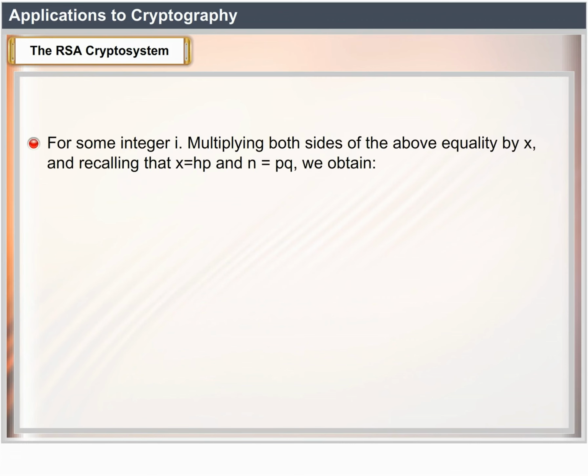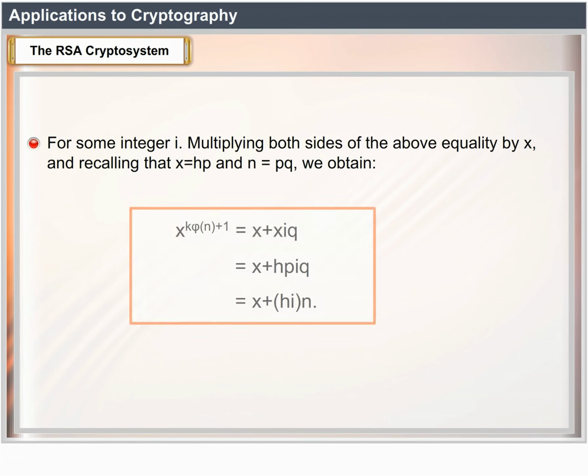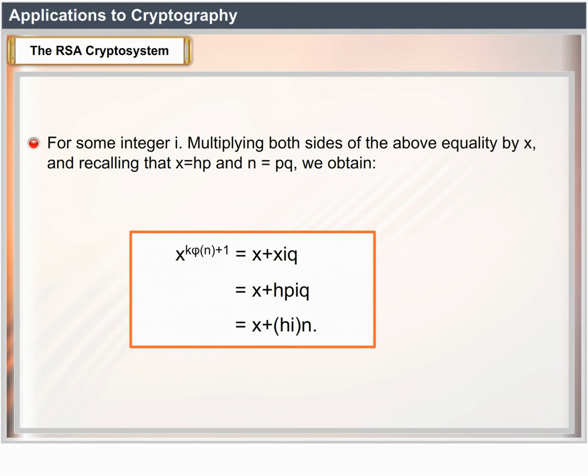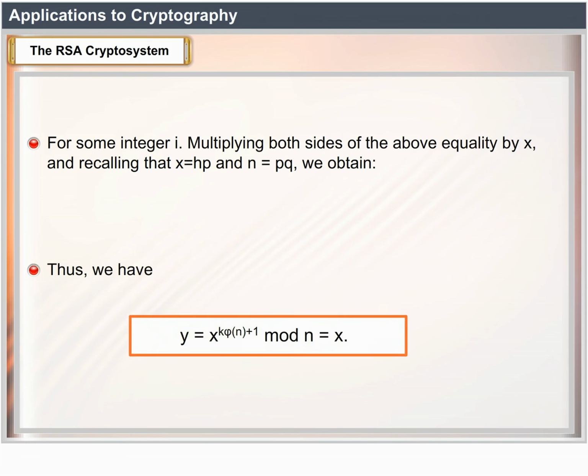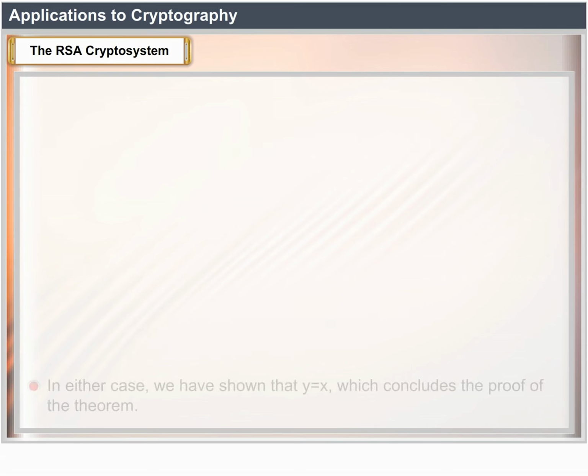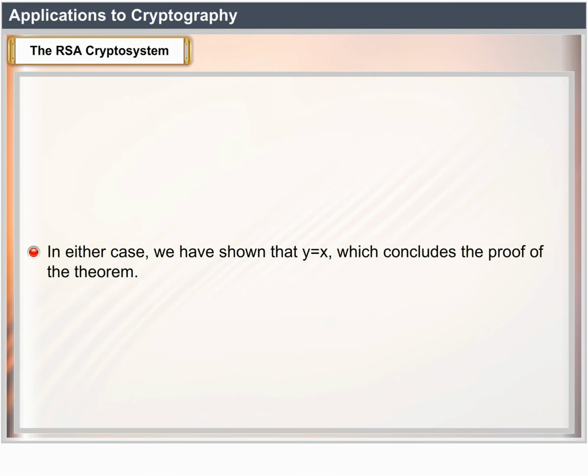Multiplying both sides of the above equality by x and recalling that x equals hp and n equals pq, we obtain the following result. Thus we have y equals x^(k phi of n plus 1) mod n, which equals x. In either case, we have shown that y equals x, which concludes the proof of the theorem.